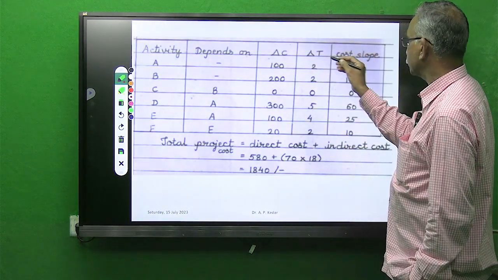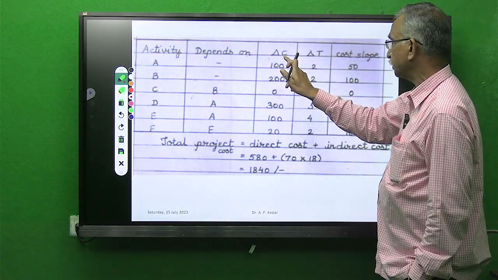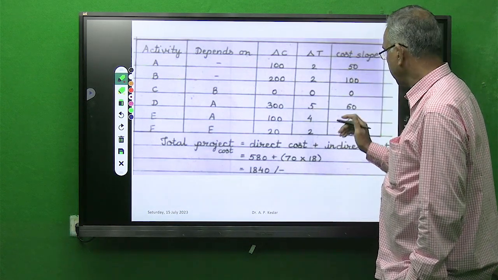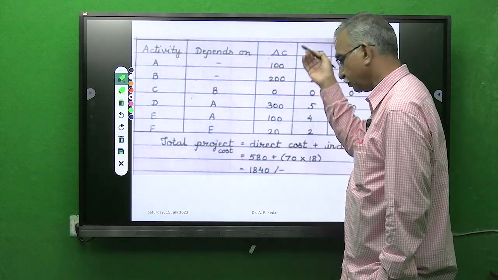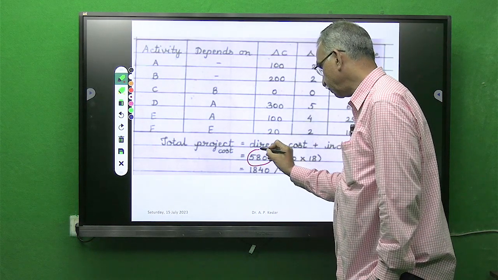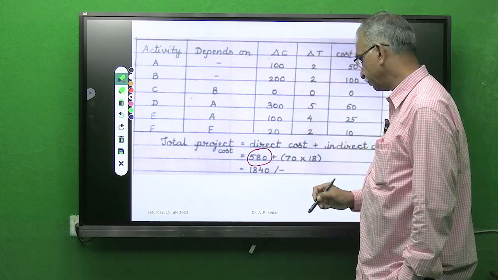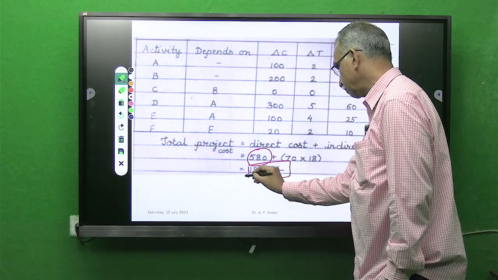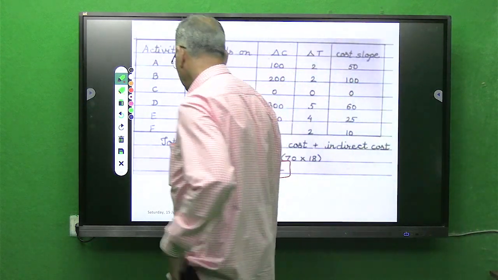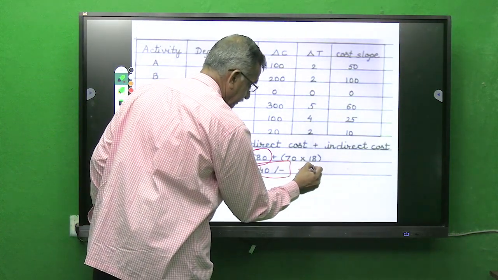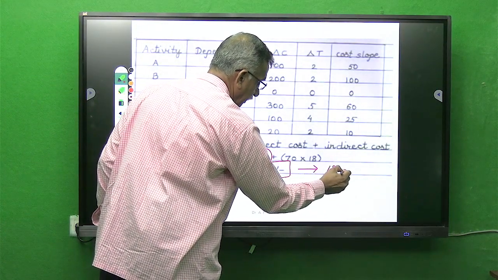So cost slope was calculated by the logic del C by del T. Different cost slopes were obtained. Then total cost: in the very first slide we have added this 580 as a normal cost column, 70 into 80. So you get the amount 1840 as total cost of the project for 18 days, if you complete that project in 18 days.